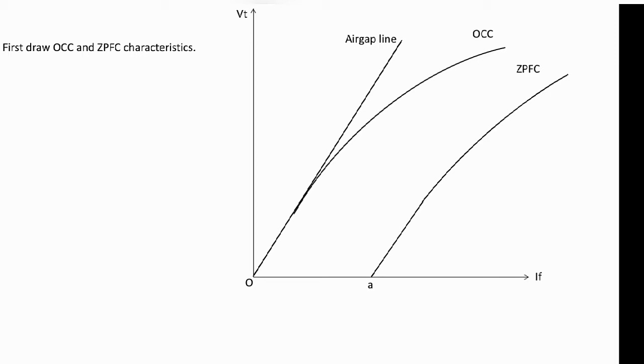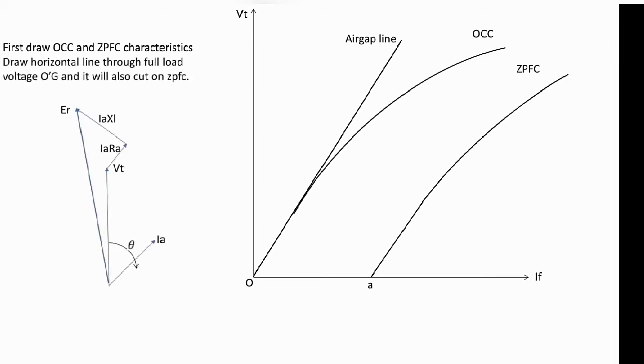First, the armature reaction MMF, and second, the leakage reactance MMF. These two MMFs are compensated through this field current OA. Next, we draw a horizontal line through the full load voltage O dash.